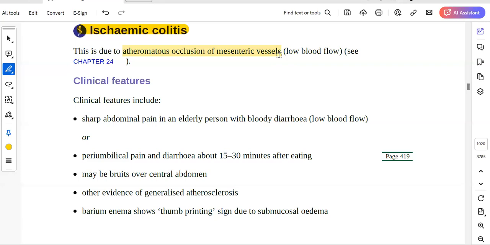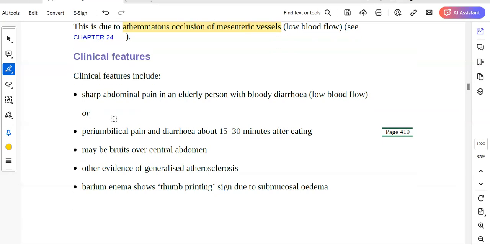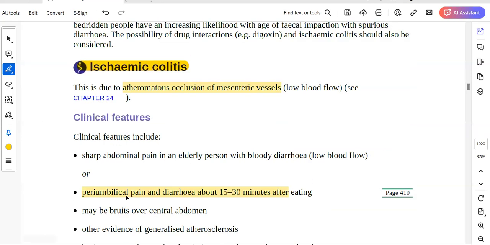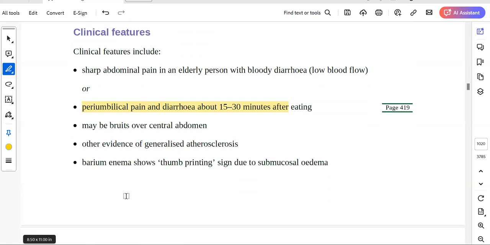When they start to get narrowed, there is lack of blood flow to the gut, and the patient presents with periumbilical pain and diarrhea, usually 15 to 30 minutes after eating. So abdominal pain, especially periumbilical, with bloody diarrhea 30 minutes after eating, is something where you can think of ischemic colitis.